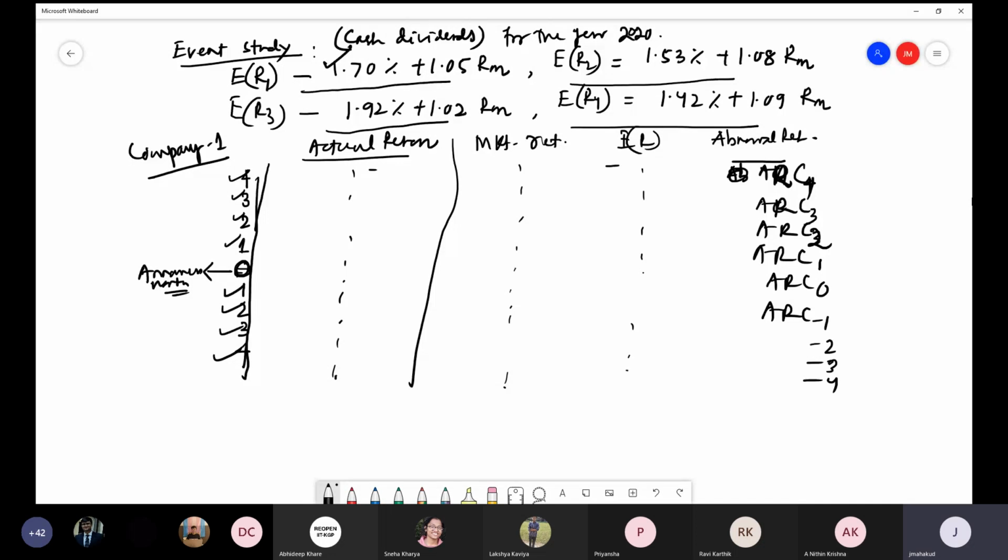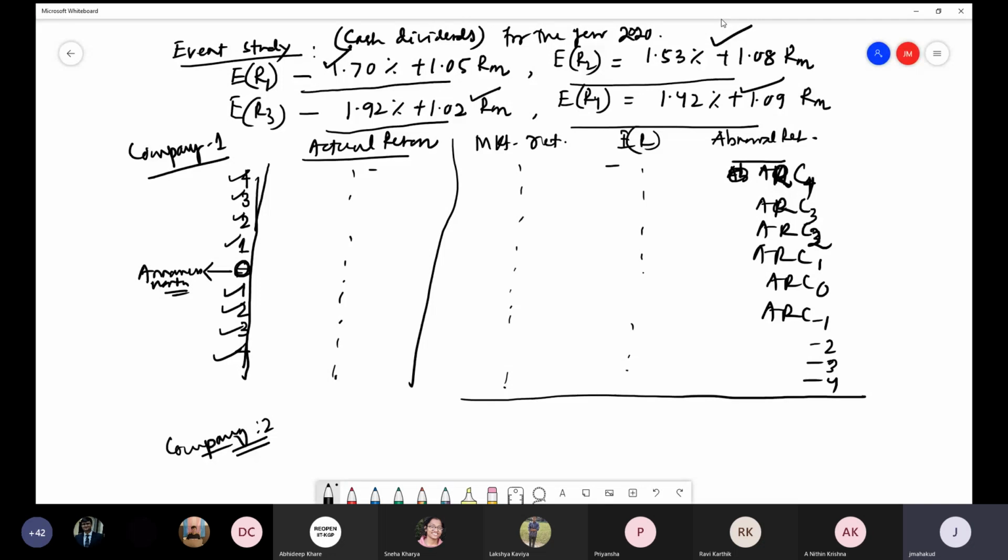We have the abnormal return for company 1 in and around this announcement of that particular event. Like that, we can also calculate this abnormal return for company 2 in the same way using this equation. We can also calculate it for company 3 and for company 4.